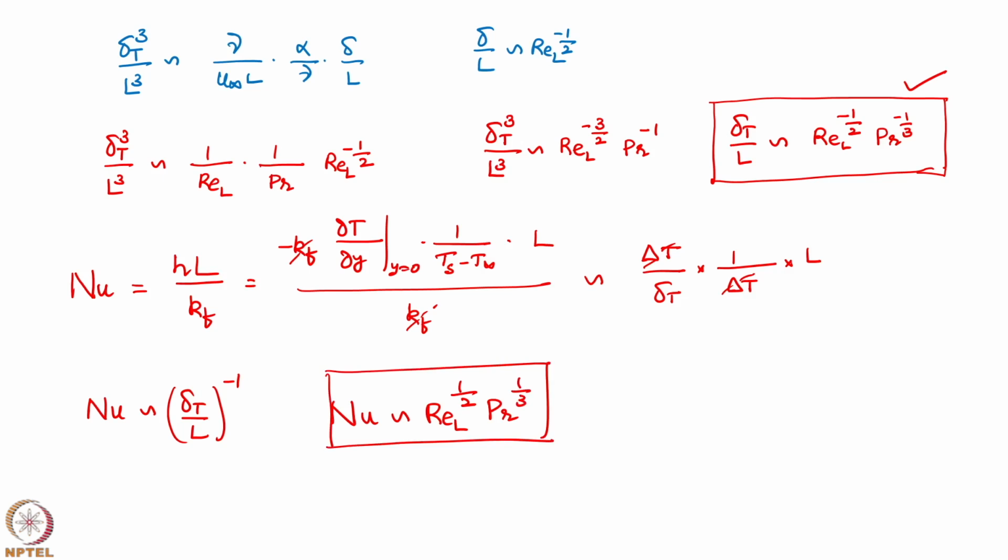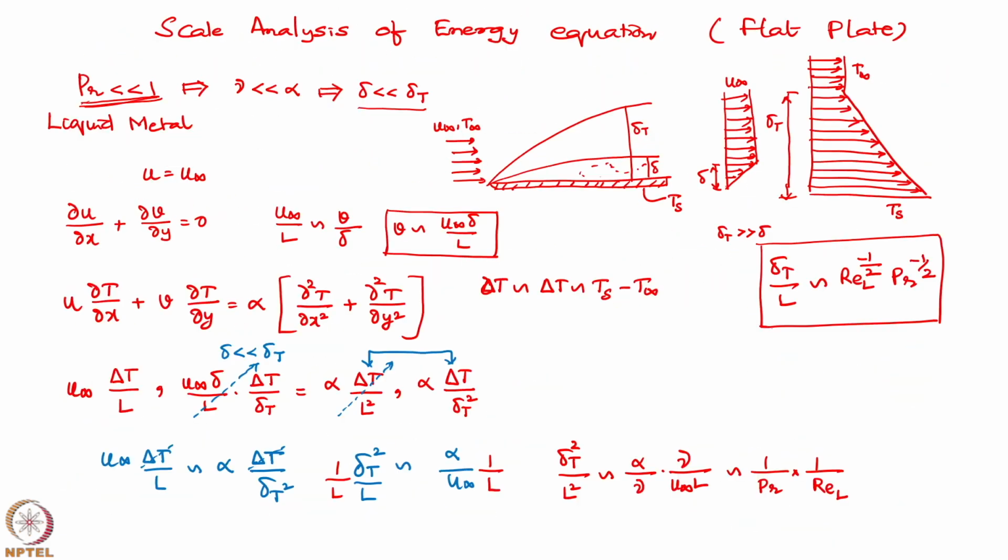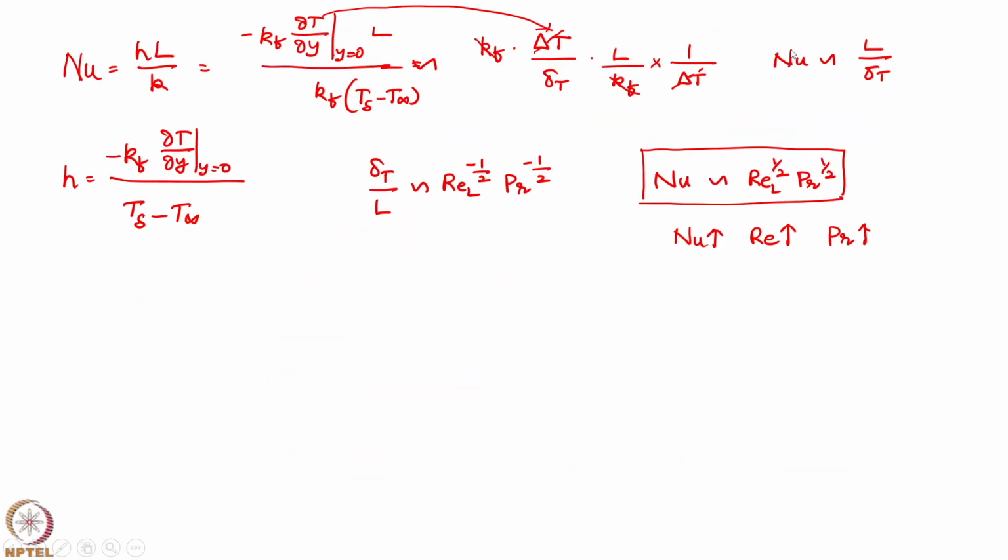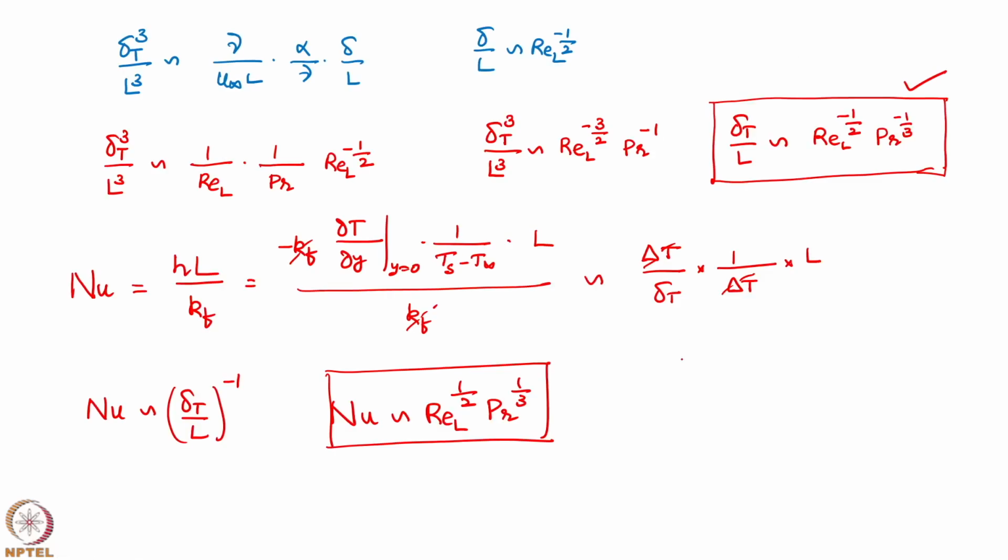Okay. So, we have now gotten results for Prandtl number less than 1 and Prandtl number greater than 1. We derived this scale for less than 1 and this scale for greater than 1. Now, the question is, if Prandtl number is equal to 1, which case should I take: the result for Prandtl number less than 1, or Prandtl number greater than 1?